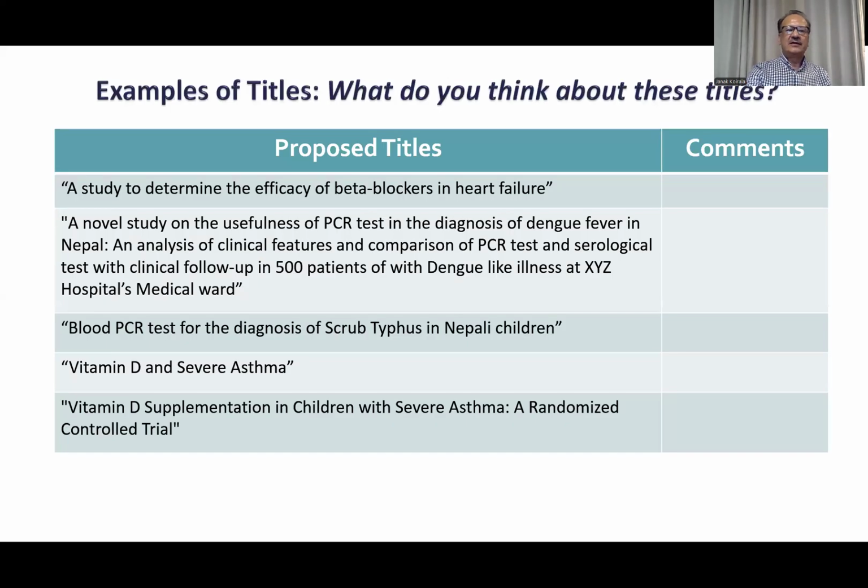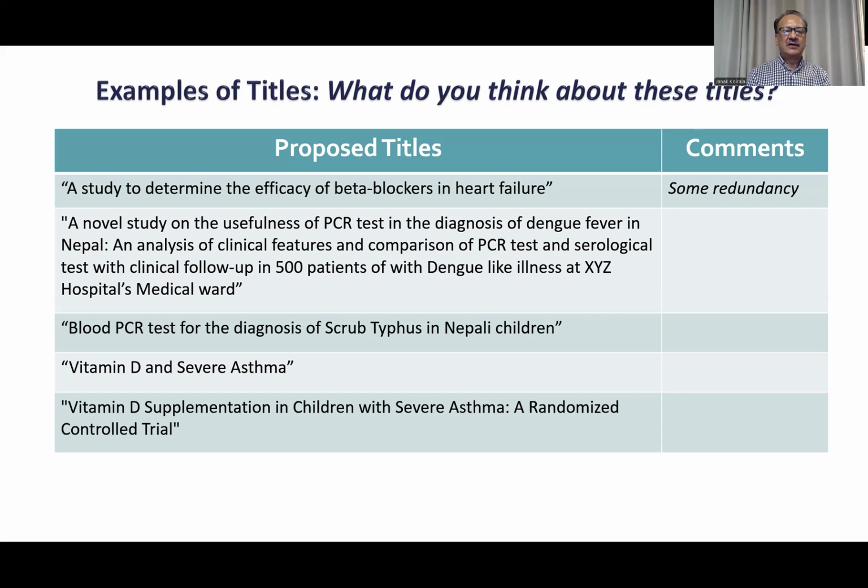So we can look at these titles and decide how these titles look. First title, a study to determine the efficacy of beta blockers in heart failure. So you can think about how this title looks. This title has some redundancy because it says a study to determine the efficacy.